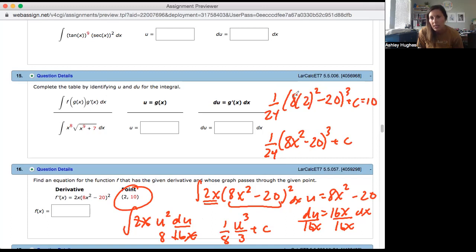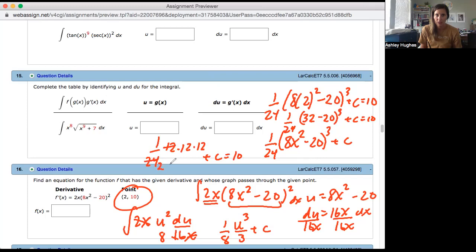So 4 times 8, that is 32 minus 20. So what is that? That is 8. I mean, no, not 8. That is 12 cubed. So I have 1/24th times 12 cubed.